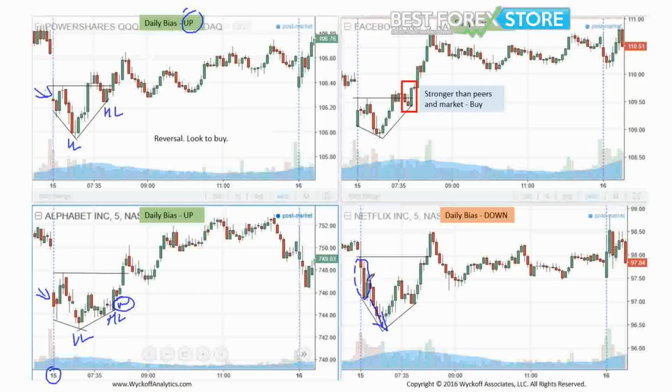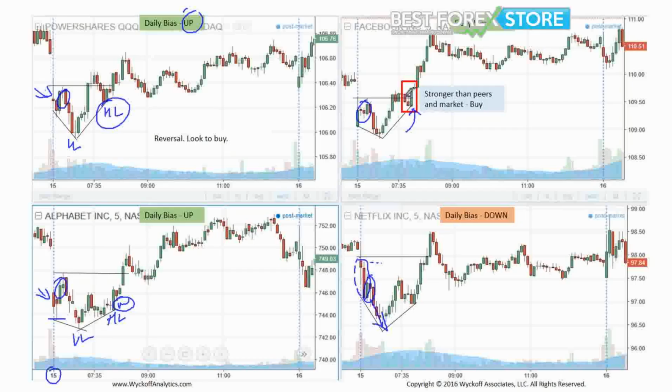These two bars attempt to rally, everywhere they are much higher than the low that we've had right here. And here we just can't even come up to this level. So much weaker. At the point of the higher low for the market, the only stock that I see that is stronger at that point is Facebook.